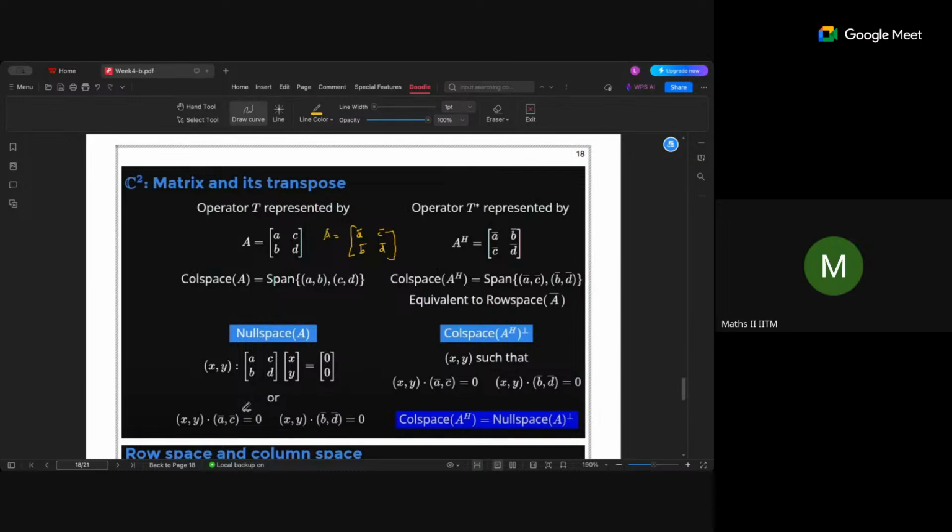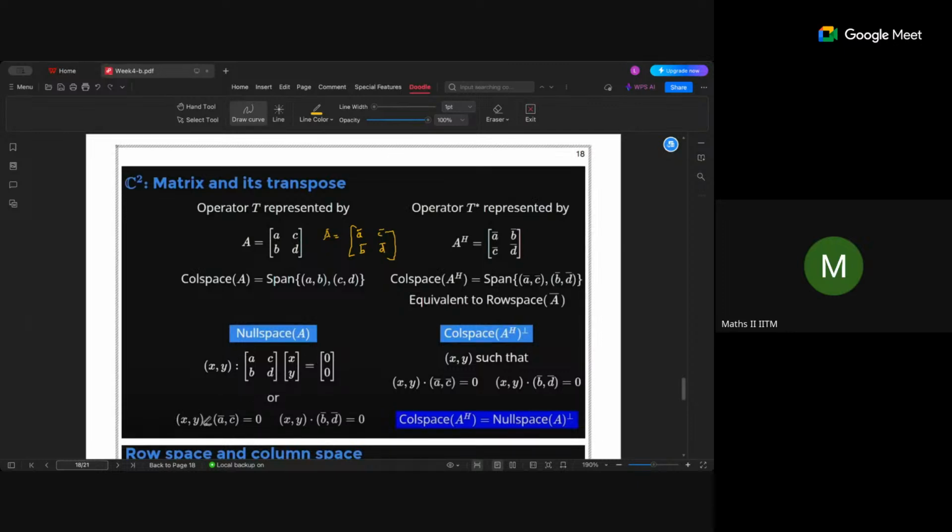And the null space of A, we have already seen this expression. Only thing is that here, the null space of A is AX plus CY is equal to 0 and BX plus DY is equal to 0.